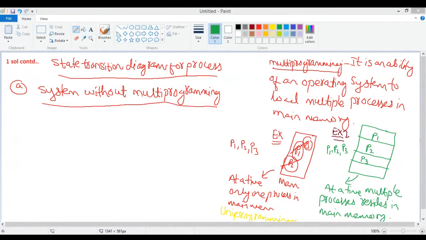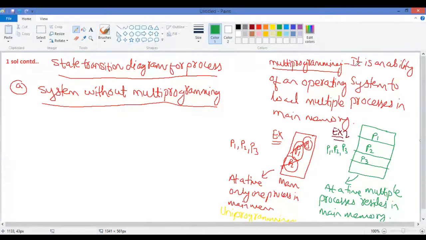Okay, clear, but I have a question. Yes, please ask the question. In the definition of multiprogramming, line 3, what's the first word? Yes, it is an ability of an operating system to load multiple processes in main memory.